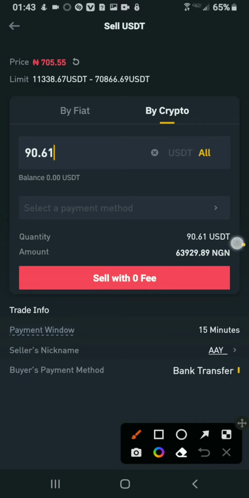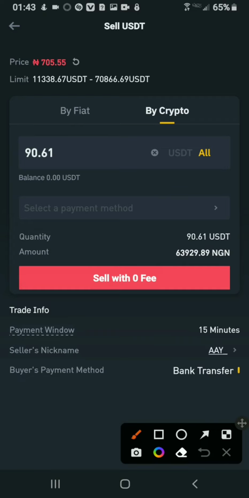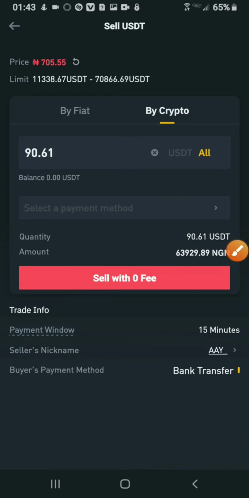Let me redo it so you can see, this is it, 63,920. Let's just say 64,000. So this is the amount of money the person is going to pay into our bank account for this amount of USDT to be released to him or her.